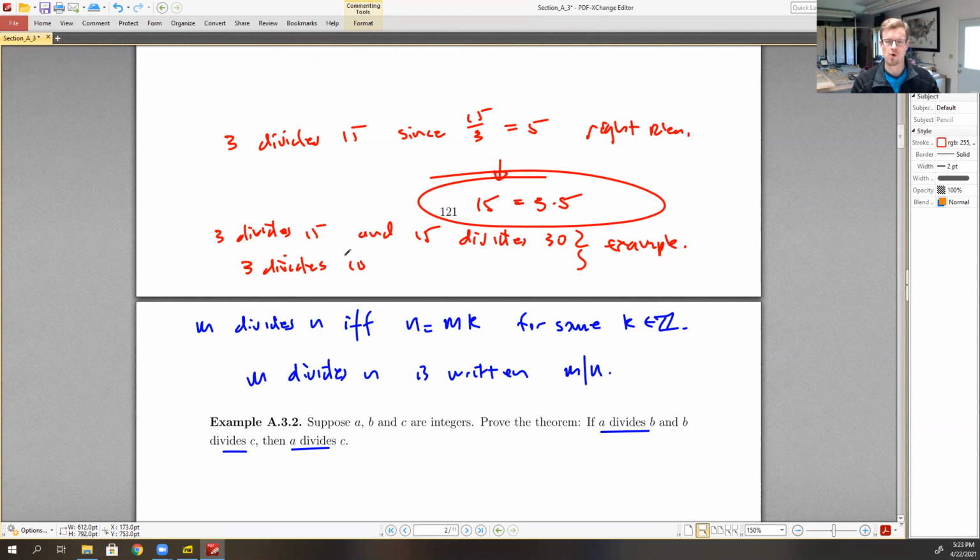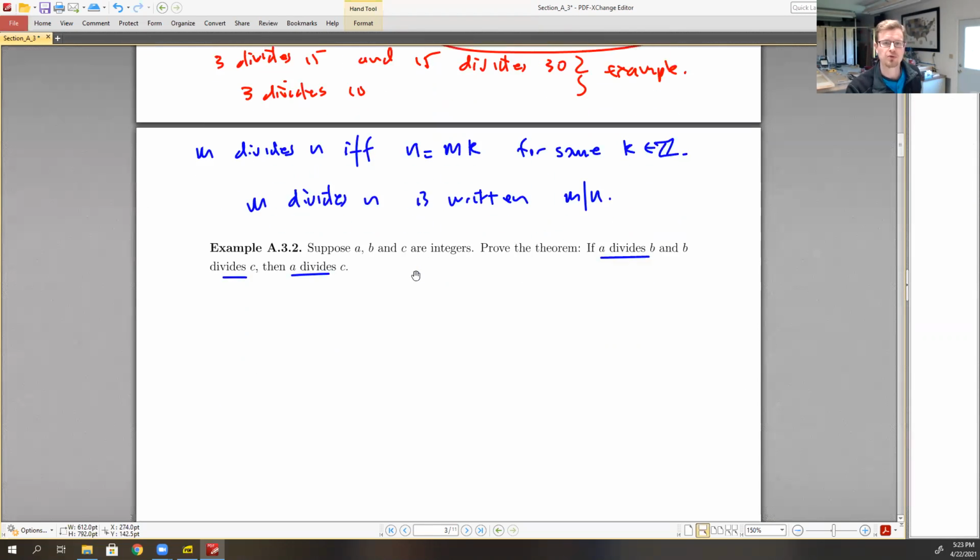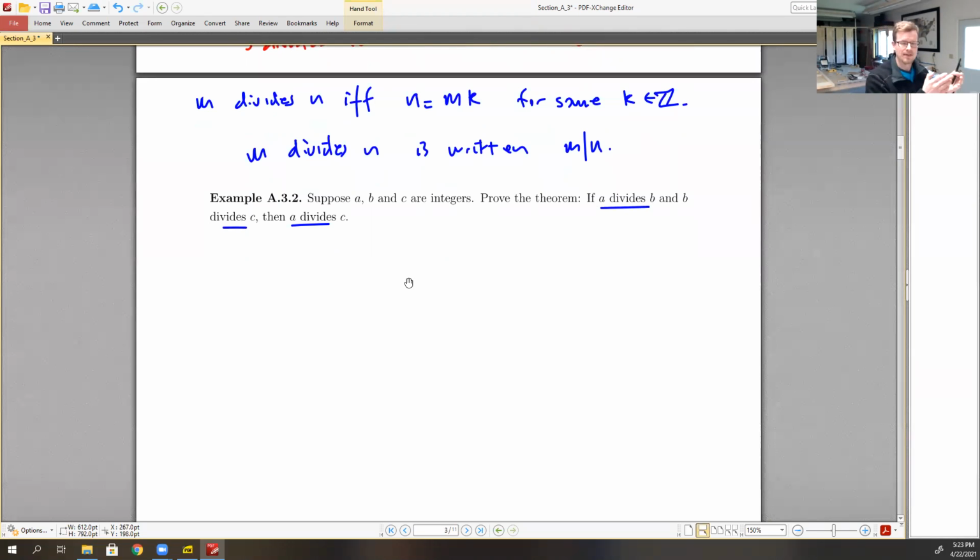This is just one example of when it is true, not a proof of it. So in the proof of it, we have to keep our numbers in terms of A and B and C. Of course, some additional numbers will be introduced because we'll have K, but it's still K. It's not a specific number.